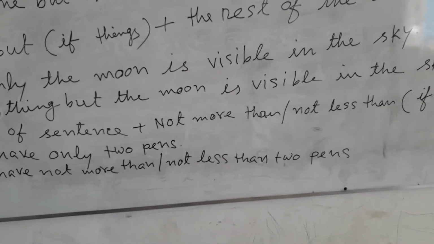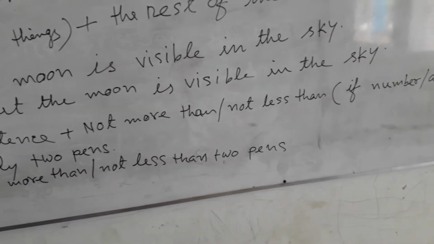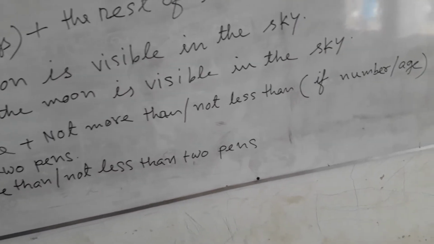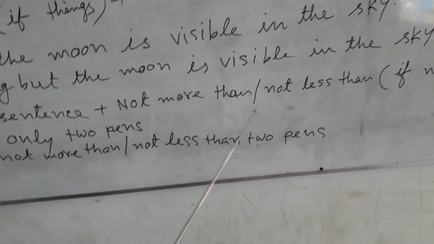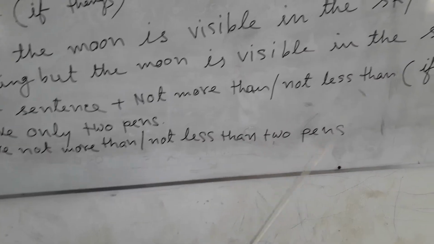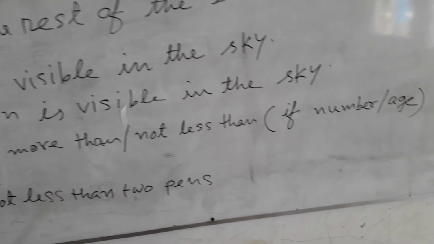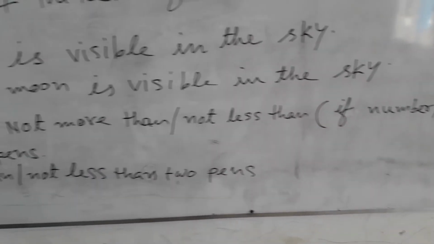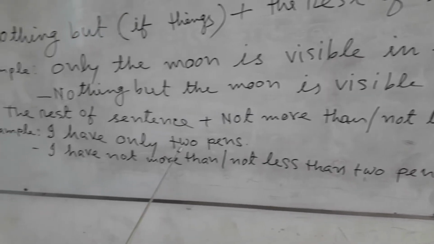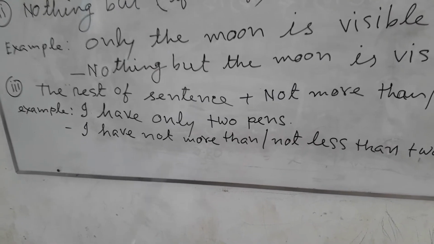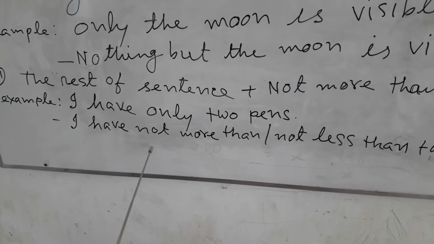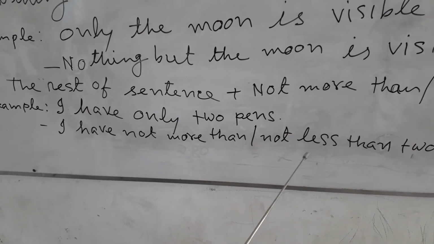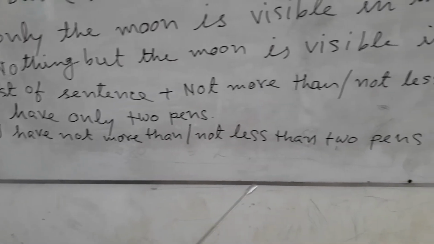Example: according to the structure, the rest of the sentence plus not more than or not less than. I have only 2 pens. The answer: I have not more than or not less than 2 pens.